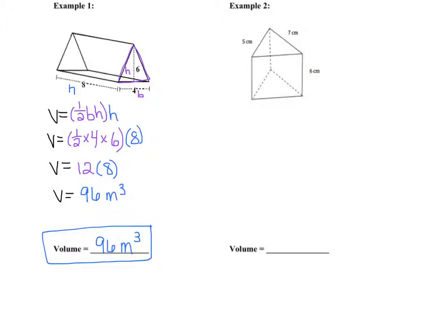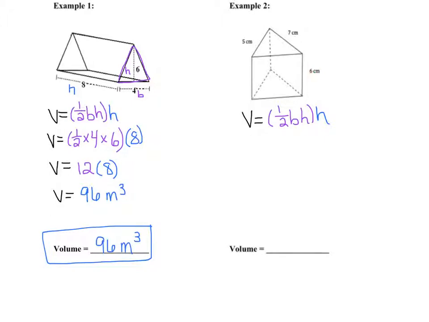Let's look at example 2. One more example together. So again, let's look at example 2. We're going to identify the solid. It's a base triangle, so it's a triangular prism. And we're going to use the formula volume equals the area of a triangle, which is our base, is 1/2 base times height. And then we're multiplying it by the height of the entire solid.